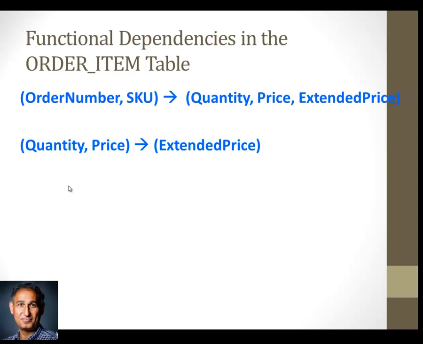And again, although we can define many determinants in this case, one of them will be my good candidate to be the primary key, while others can be eliminated and will not be used as a primary key.